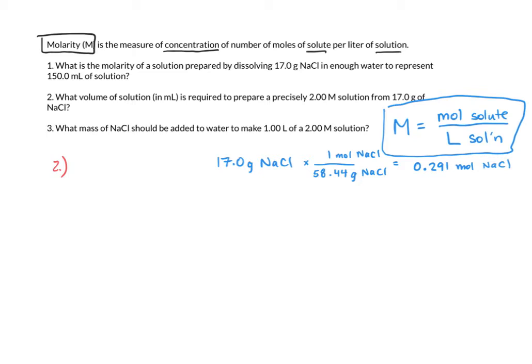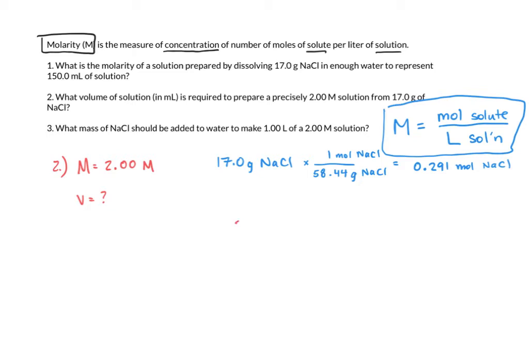But this time I know a molarity. Molarity is 2 molar concentration. And here I'd like to know a volume, specifically a volume in milliliters. From the equation that's boxed in over at the right, that gives us the relationship between molarity, moles of solute, and liters of solution, we should have everything that we need at this point to solve for liters just by plugging into that equation.